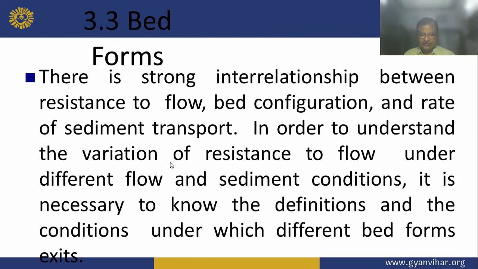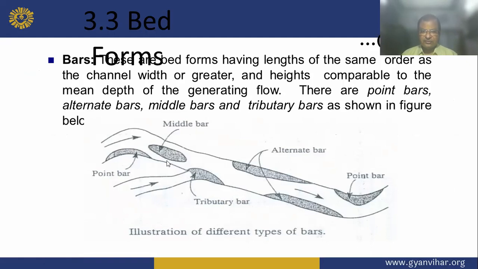In order to understand the variation of resistance to flow under different flow and sediment conditions, it is necessary to know the definition and the conditions under which different bed forms occur. Bars have length the same as the channel, with height comparable to the mean depth of the flow, and these are point bars, alternate bars, braided bars, and tributary bars, shown in this picture. See this picture. Okay.